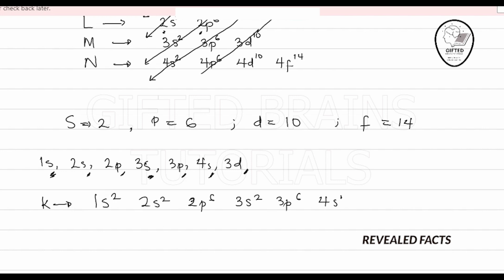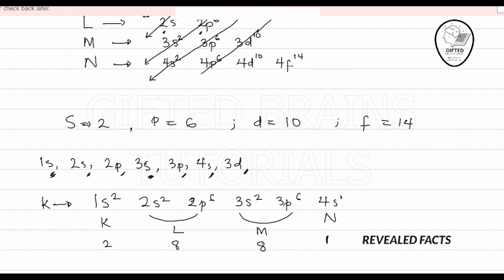Take a pause a little while and look at this. Note something. We have filled the K with 2 electrons. These 2 account for the L shell. We filled it with 8 electrons. And now we have filled these, 3s and 3p, which account for the M shell, with 8 electrons as well. And now we are filling the N shell with 1 electron. That's why we have what we have.